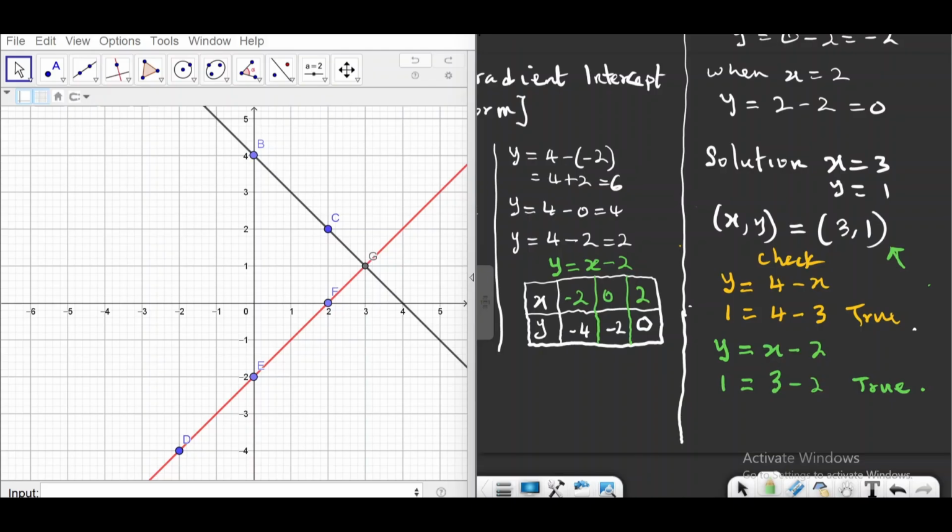Of course, if you work with the usual form given, it will work out well. Just build your table, very important. Pick random values of x and use those values to determine the values of y. Note also that 3 values of x will be enough to determine the position of this straight line.